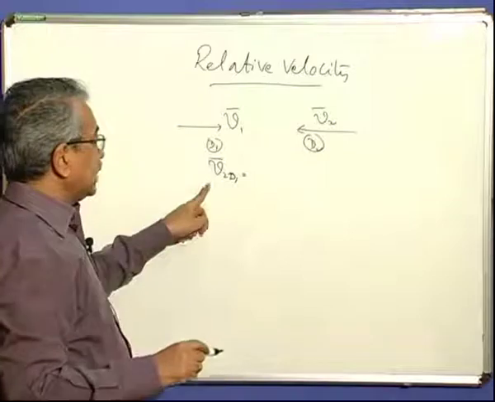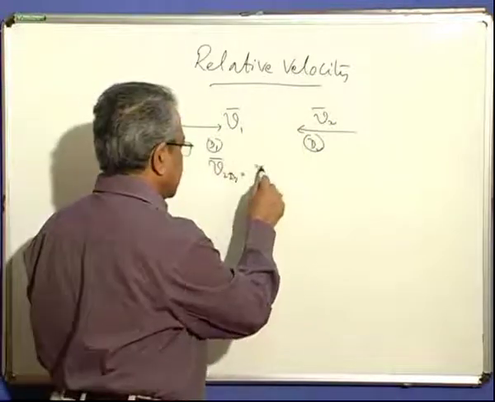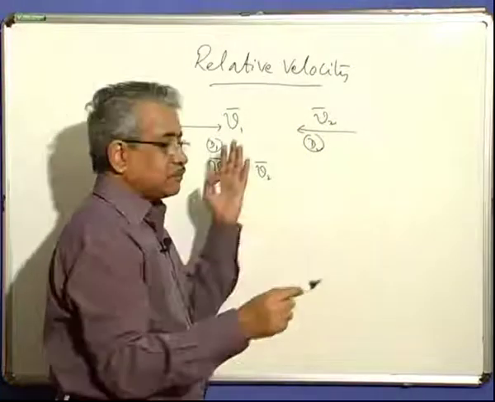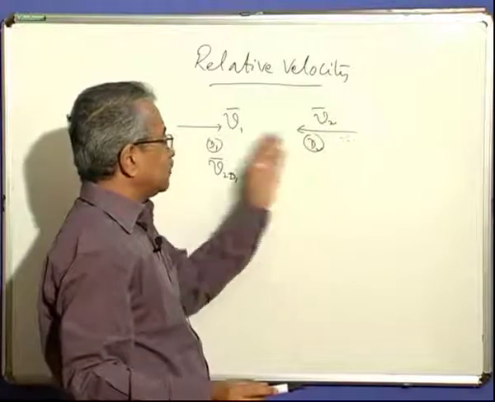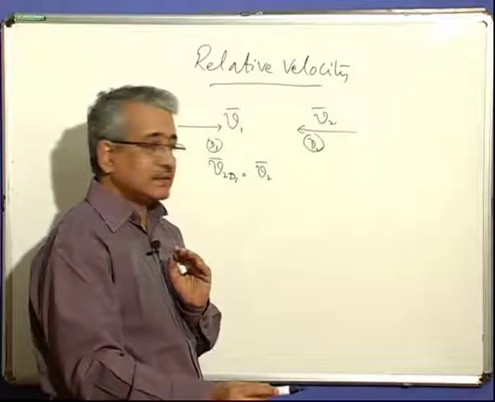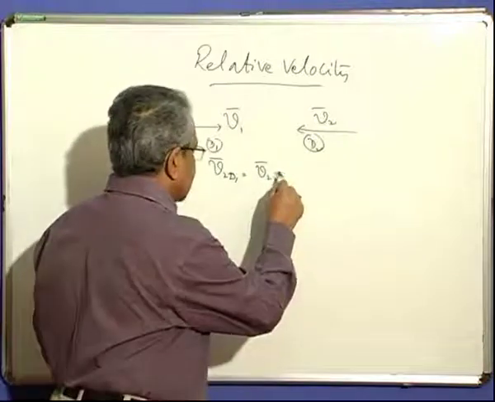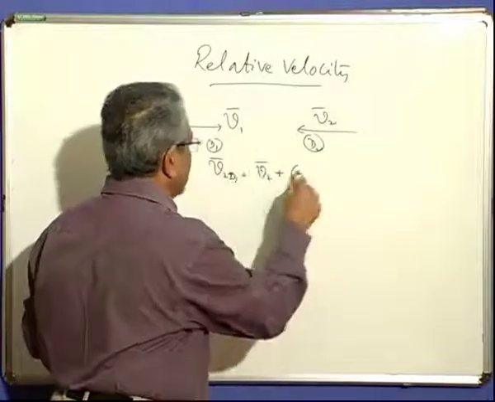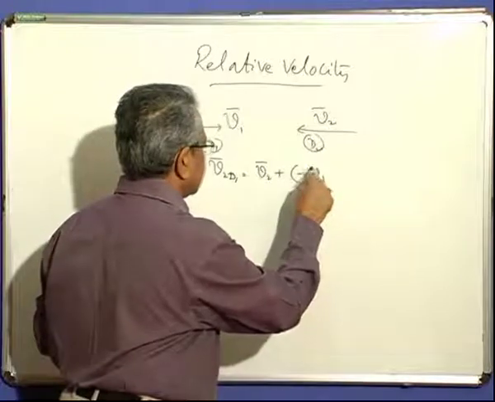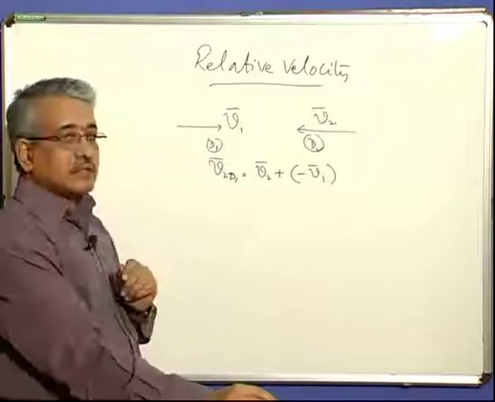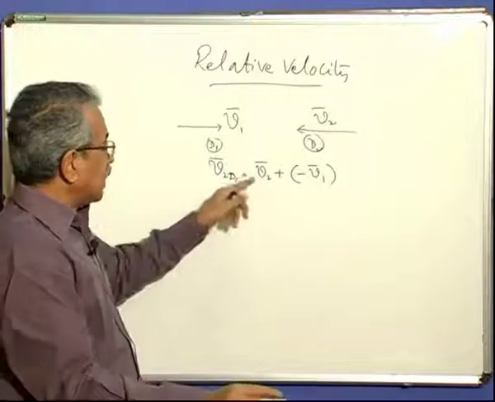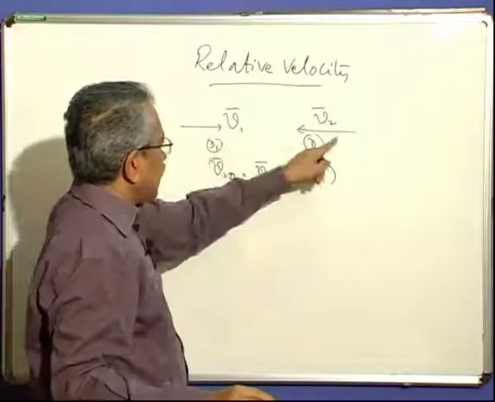What will that be? Actual velocity of that with respect to the earth, on a stationary earth, that is coming. So this car is coming on that, plus the reverse velocity of this fellow also you will see there. The reverse of this also you will see here. That means actually it is in the opposite direction.